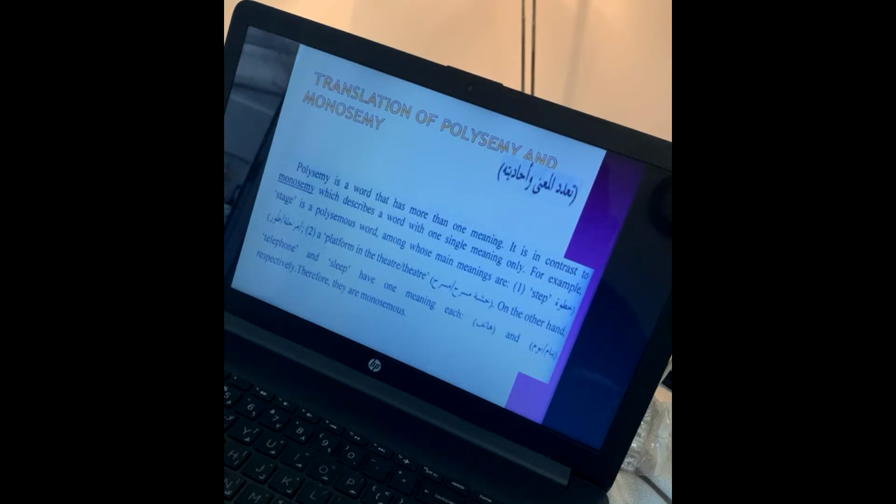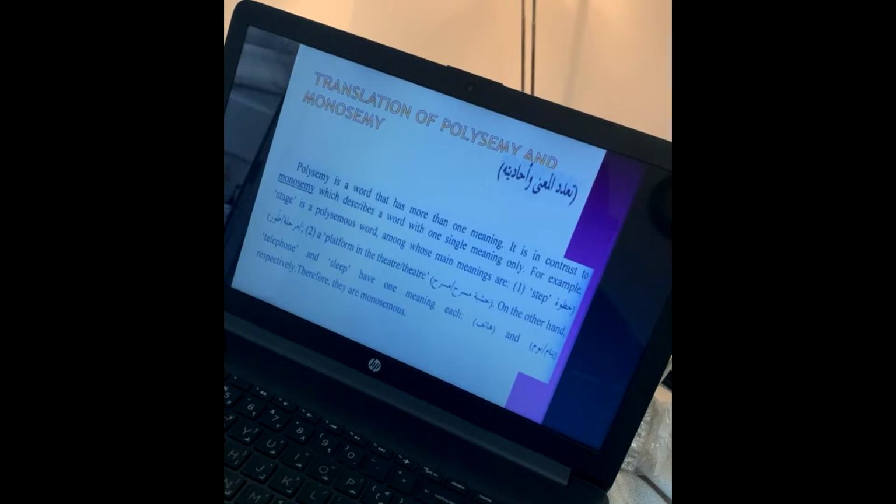Then we move on from that and look at what's called polysemy and monosemy. Polysemy means many meanings, and monosemy means one meaning. It has only one single meaning to it. And here, as you can see from Ghazala, Professor Ghazala has mentioned that polysemy is a word that has more than one meaning, in contrast to monosemy, which describes a word with a single meaning only.